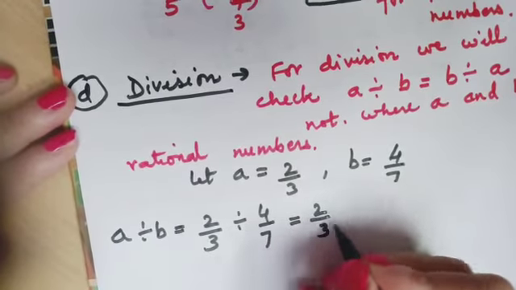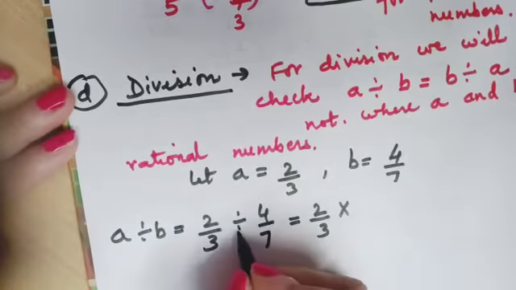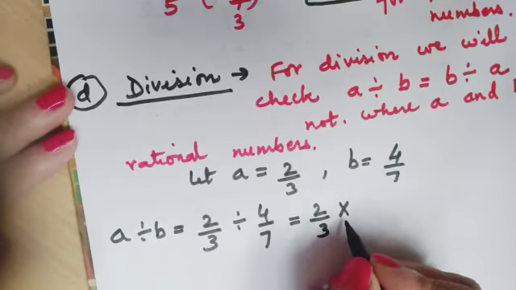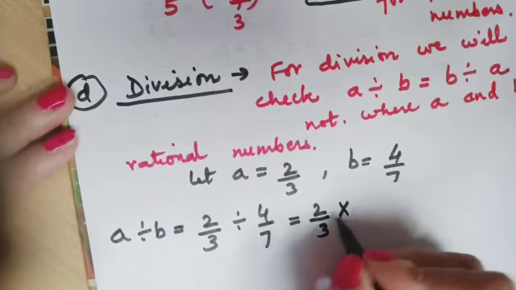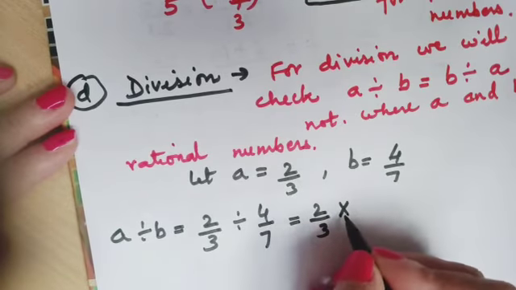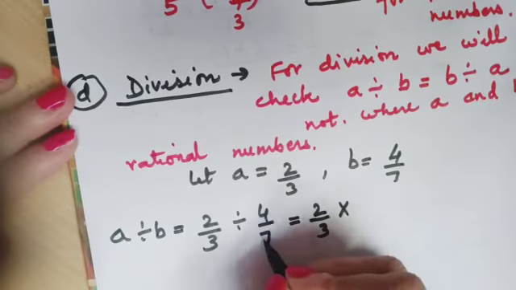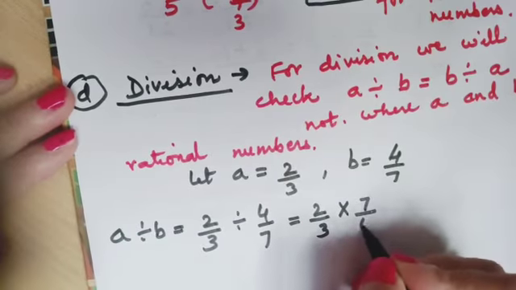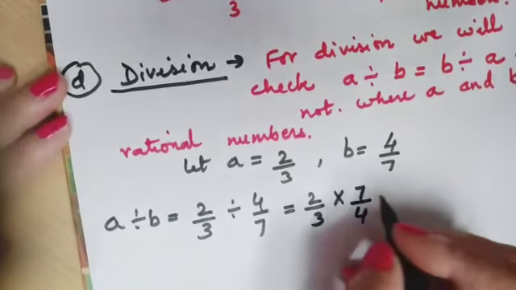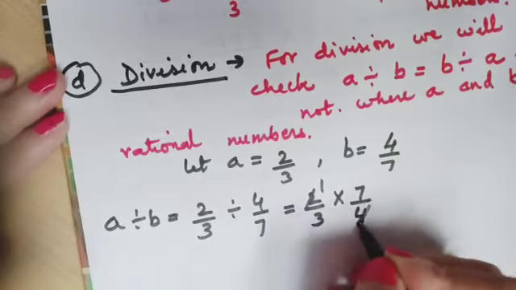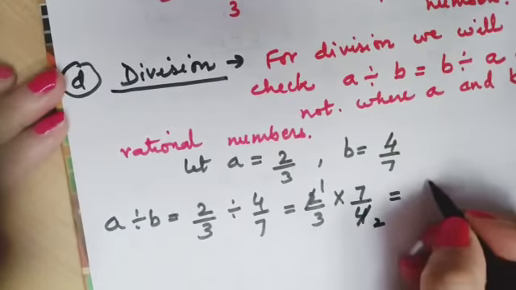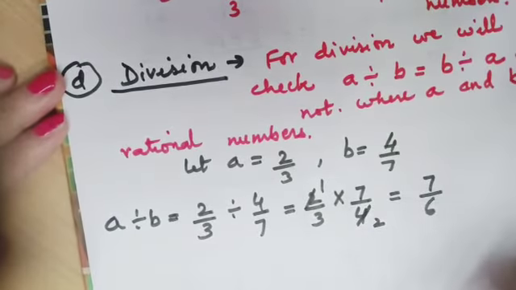To solve this, we will change the sign of division into multiplication. Then क्या करना पड़ेगा हमें, जब हमने मल्टीप्लिकेशन में कर दिया, we have to reverse this number into 7/4. 2 1s are 2, 2 2s are 4. What will we get? We will get 7/6.